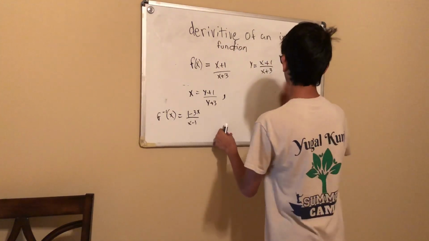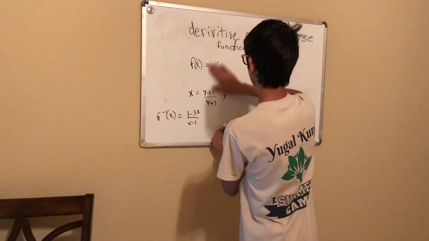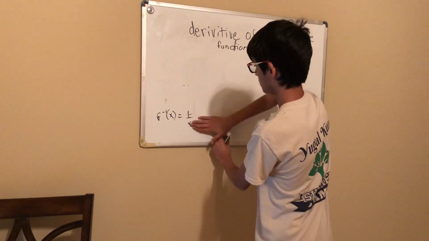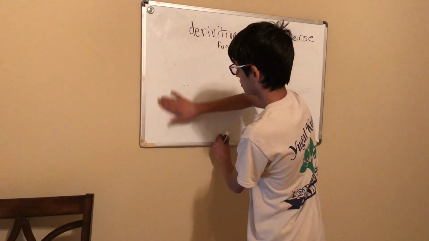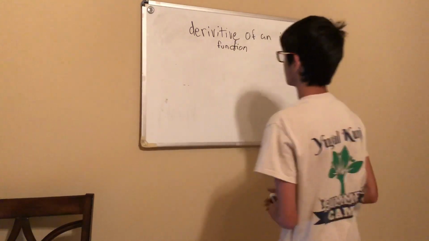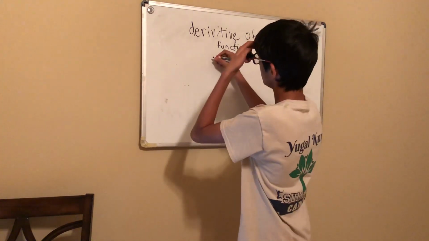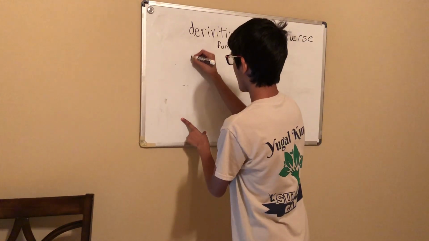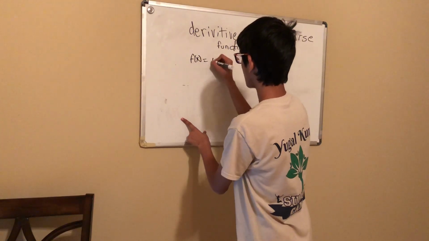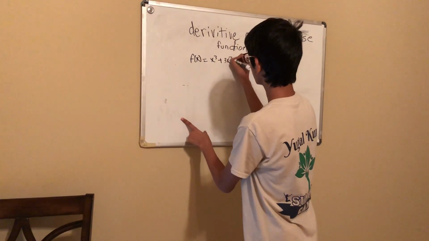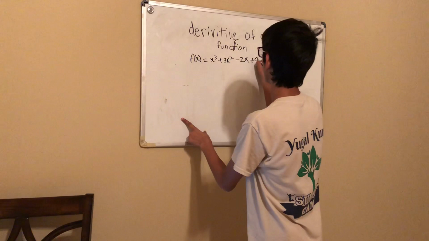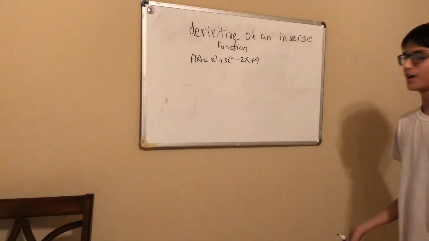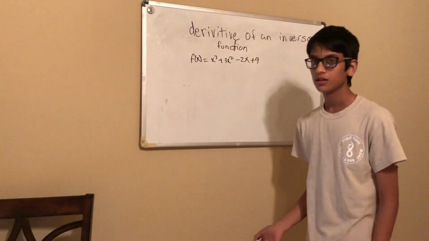A common example of something that we can't take the inverse of is something like, here, let's go f of x equals x cubed plus 3x squared minus 2x plus 4. Like, I don't know how you would find the inverse of that function, right?